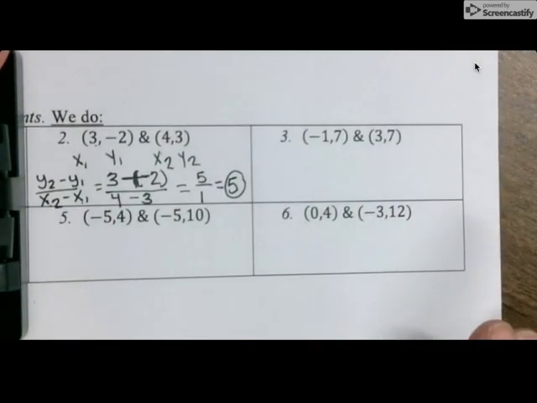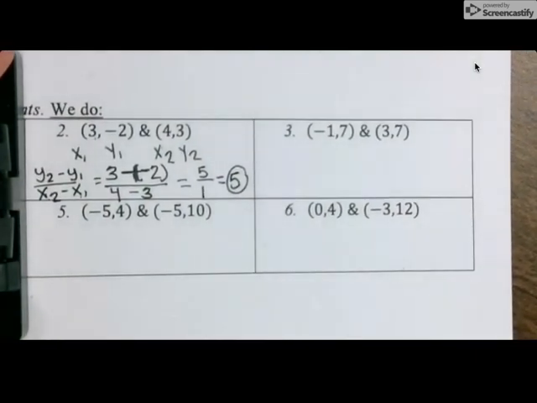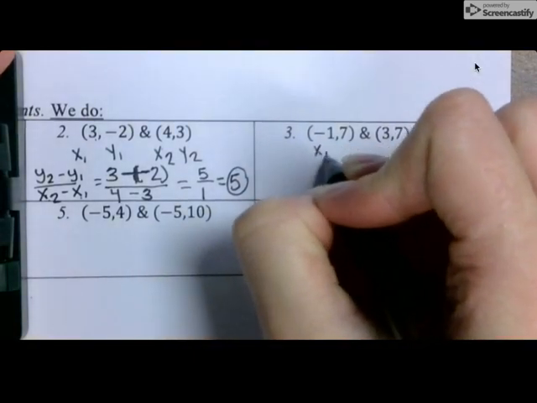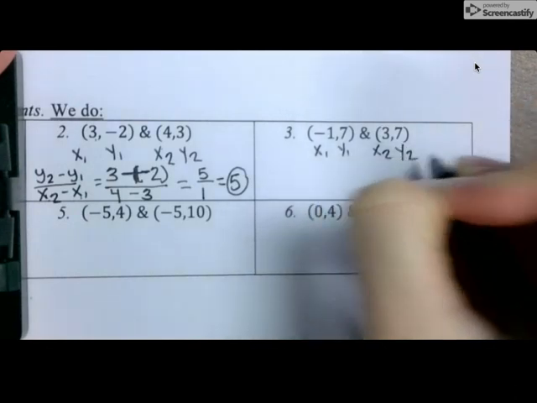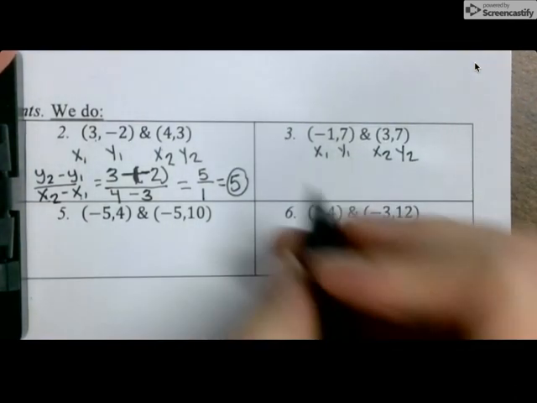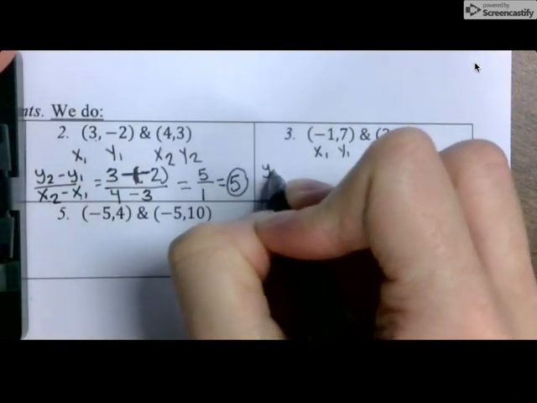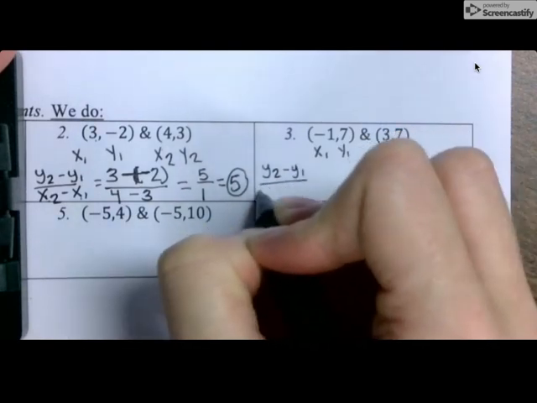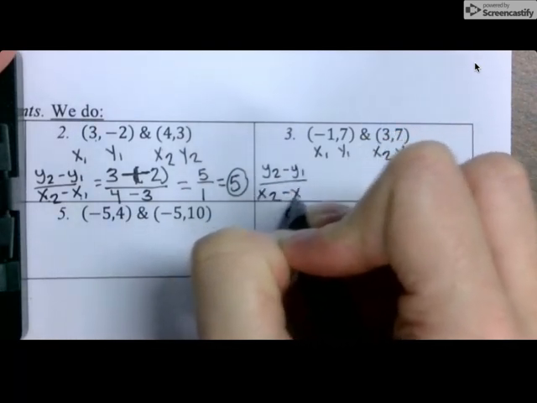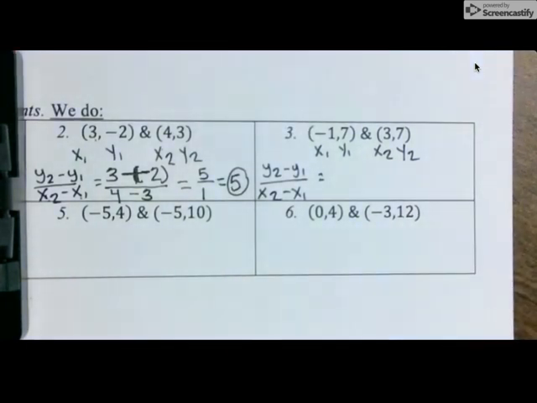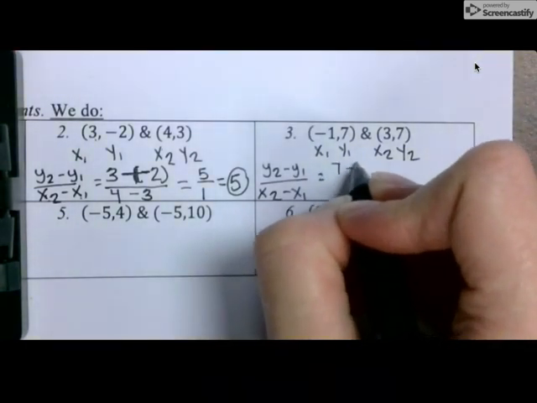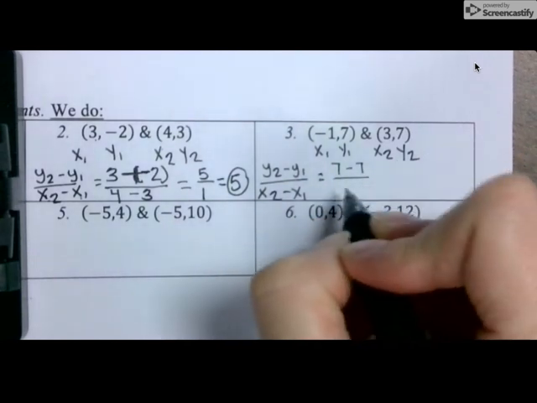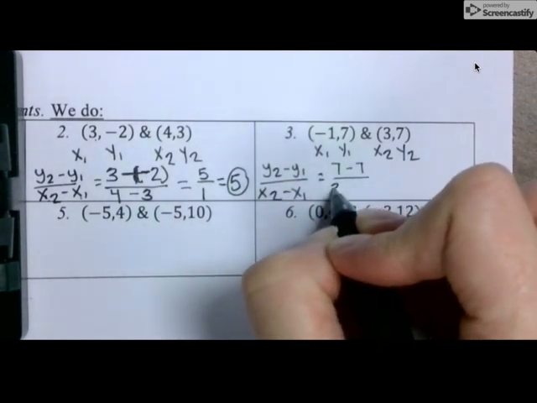Let's look at 3. Label x1, y1, x2, y2. y2 minus y1 over x2 minus x1. The number that goes with y2 is 7. The number that goes with y1 is 7. The number that goes with x2 is 3.